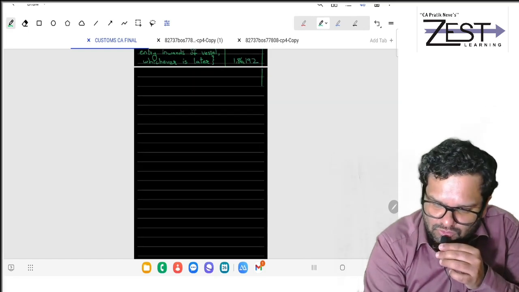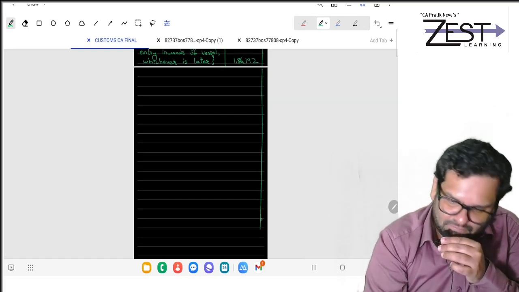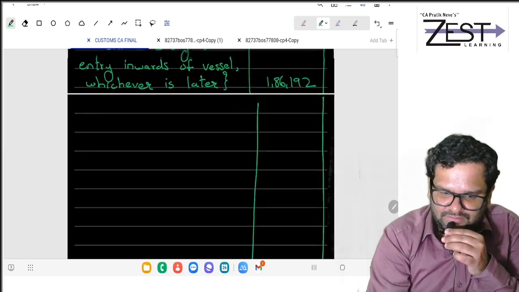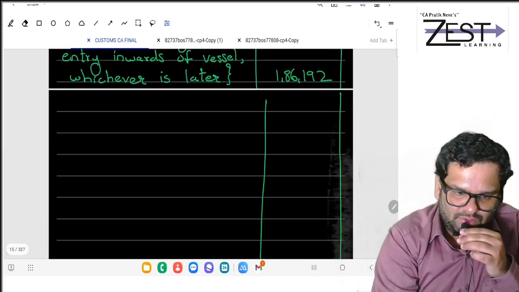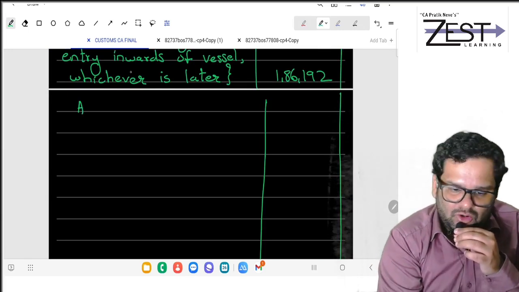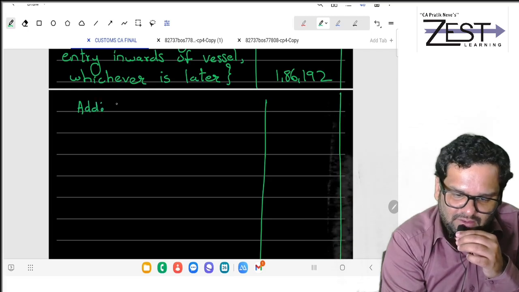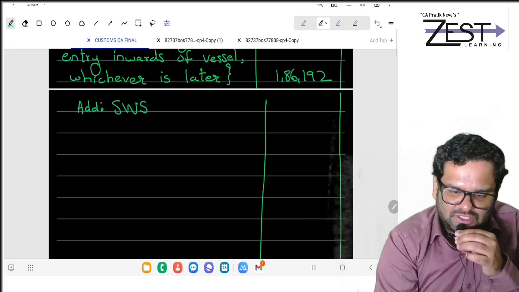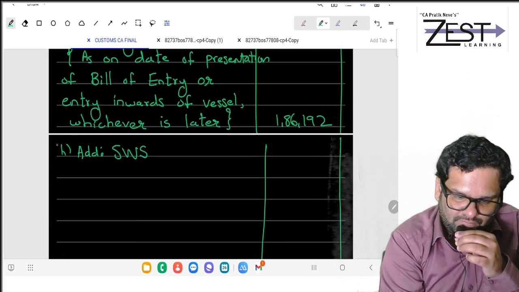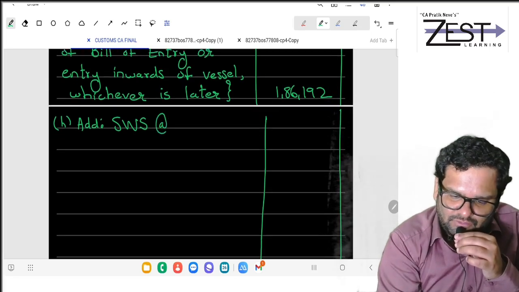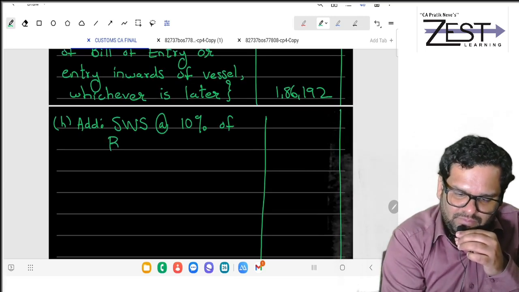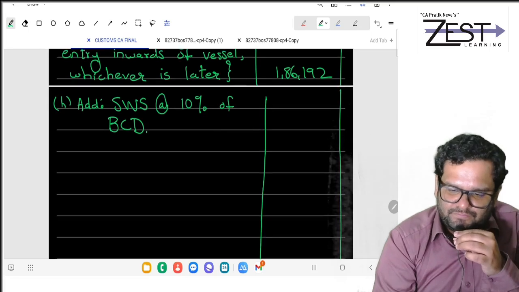Still, what you have to do, you have now got BCD. You will add SWS. Okay, along with me. Wonderful. Add social welfare surcharge, always at the rate of 10% of basic customs duty.